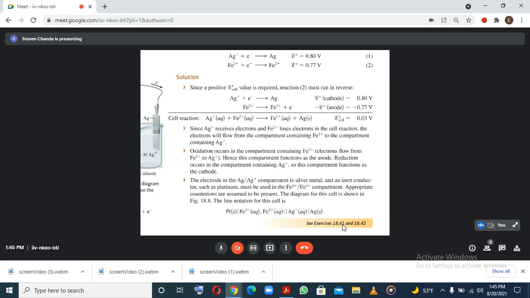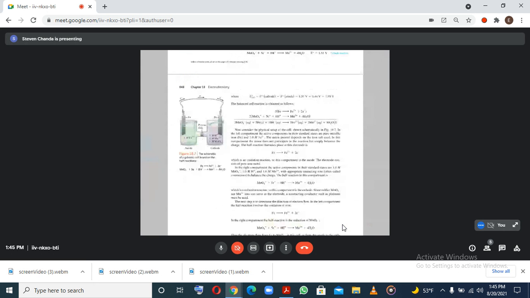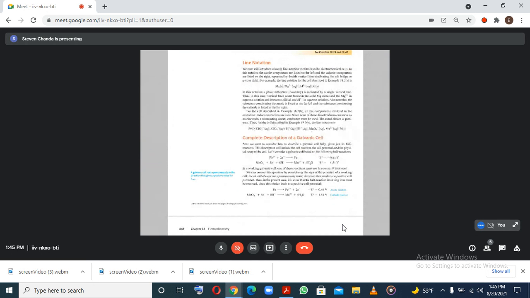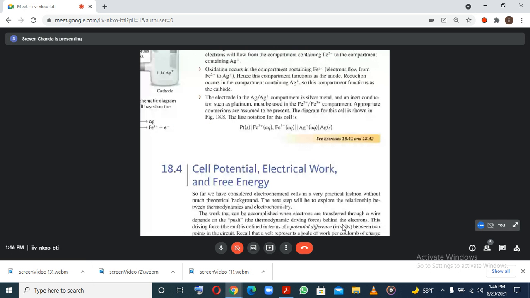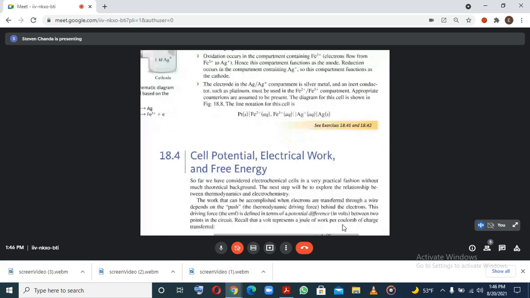So you see that one doesn't have the platinum, because there is that silver solid that can act as an electrode. Okay, so those are the key concepts on describing the galvanic cell.